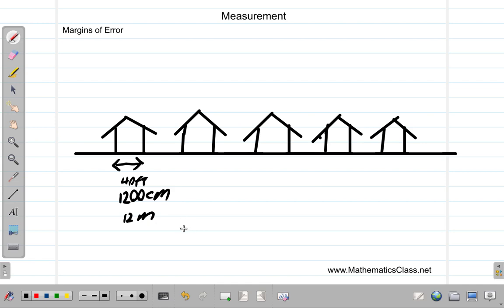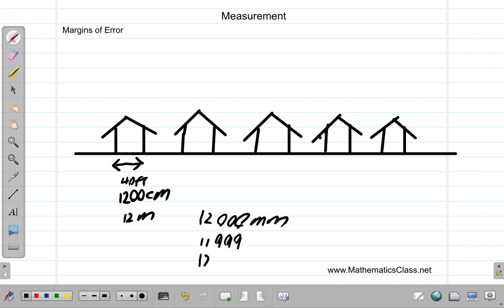But if you check closely, 12 meters will be 12,000 millimeters, all right? You're not going to find all of them being 12,000 millimeters. Even one of them is not going to be exactly 12,000 millimeters, right? You're going to find one of them might be 11,999 millimeters.